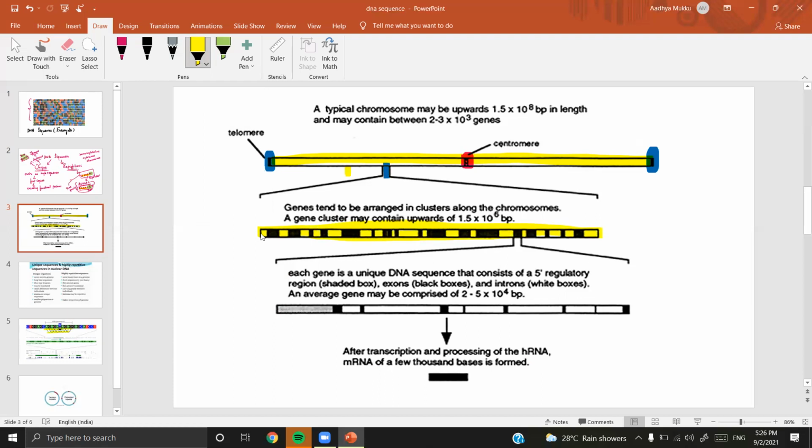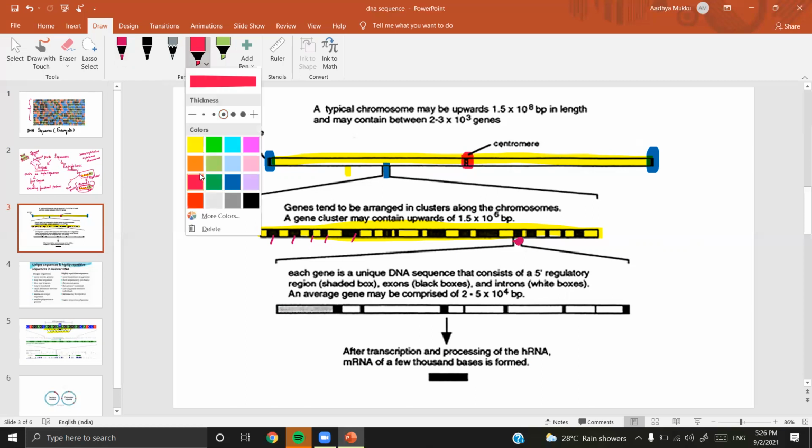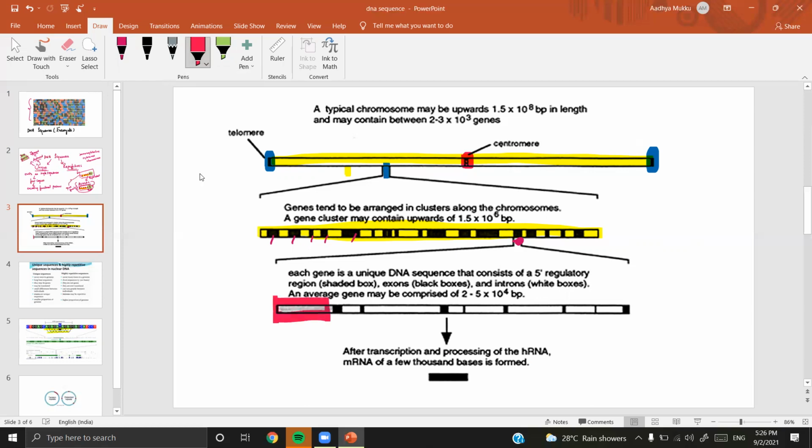This is the DNA that I am taking from the chromatid arm of this particular chromosome. So you can see that you have many gene clusters here, right? These are all the gene clusters in the DNA of this chromatid arm of your chromosome. Now, children, if you isolate one of these genes and check, it is going to comprise a most important sequence, which is called a regulatory sequence.